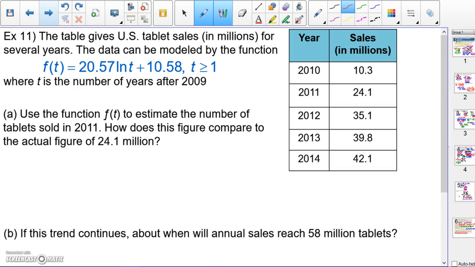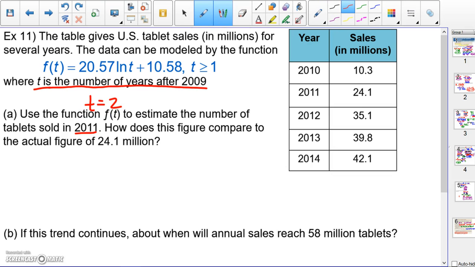Number 11, this table gives U.S. tablet sales in millions for several years, and it's modeled by that function, where t is the number of years after 2009. Part A says use that function to estimate the number of tablets sold in 2011. So t is going to equal 2 there. That's 2 years after 2009.